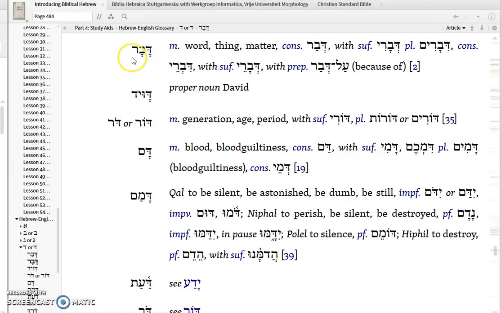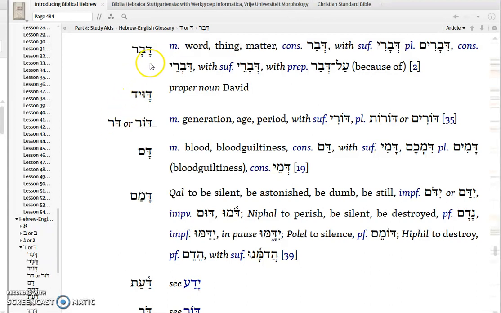So if you were to look at the word davar, I've gone to the dictionary in the back of Ross. There you have two Kametzes. They're both long A. The second one is in an accented closed syllable. Accented closed has to be long, so it's long A. And then the first one is unaccented open, and that also has to be long A.